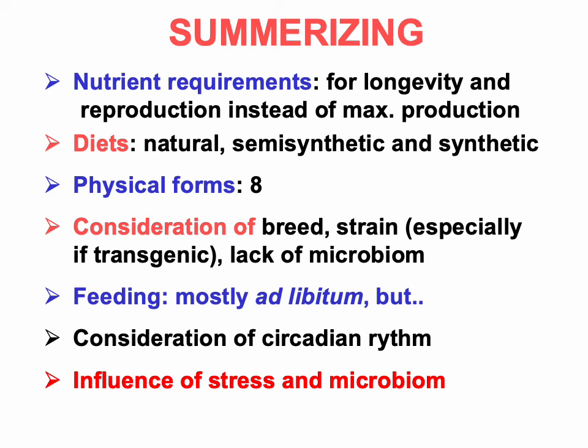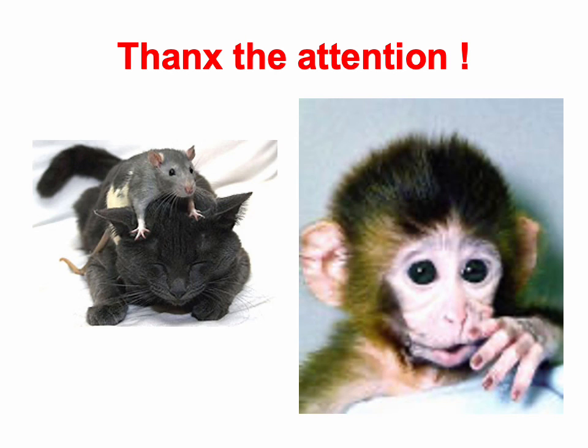The feeding is practically ad libitum, but rationing would be better. The consideration of the circadian rhythm is important, and we have to consider also the influence of stress and microbiome. Thank you very much for your precious attention.